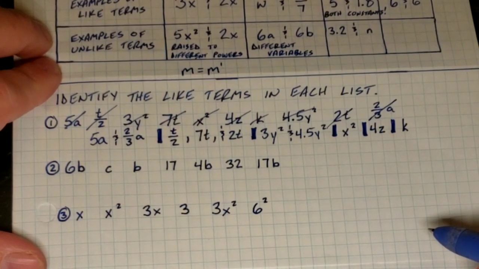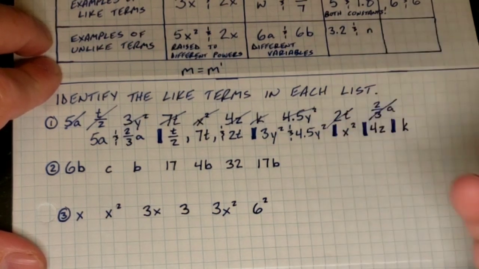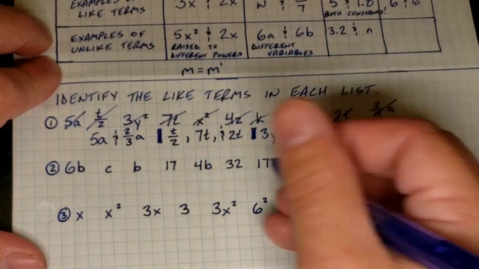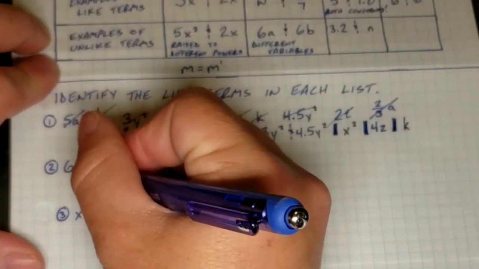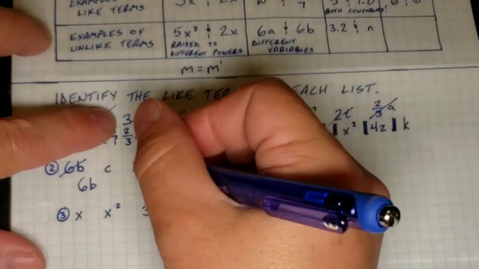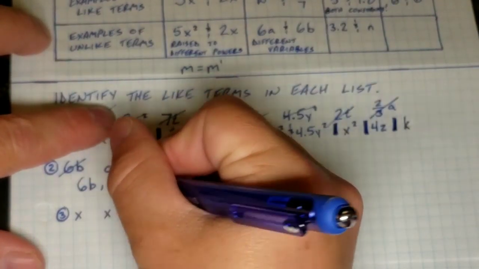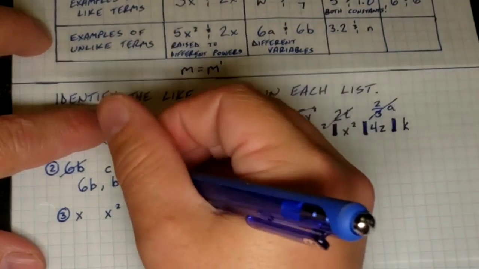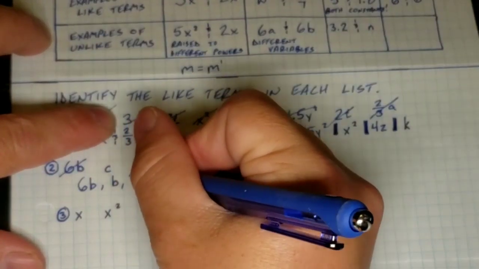Number 2: 6b, c, b, 17, 4b, 32, and 17b. Let's start with the b's. We got a 6b. We've got a b just by itself. We've got a 4b.